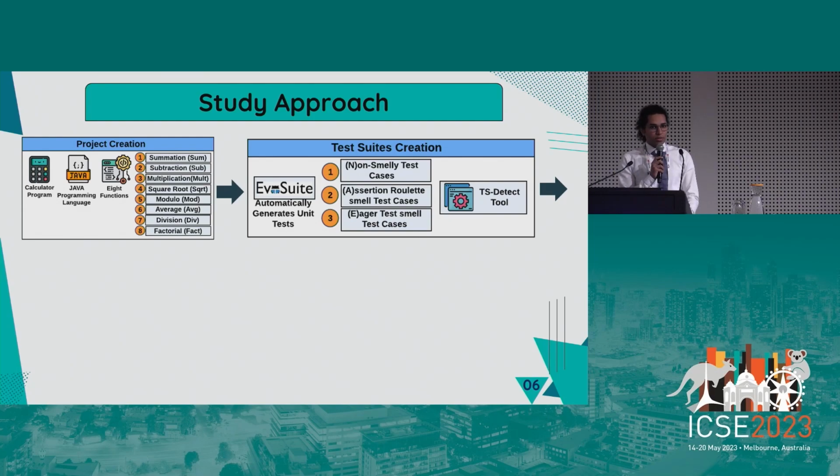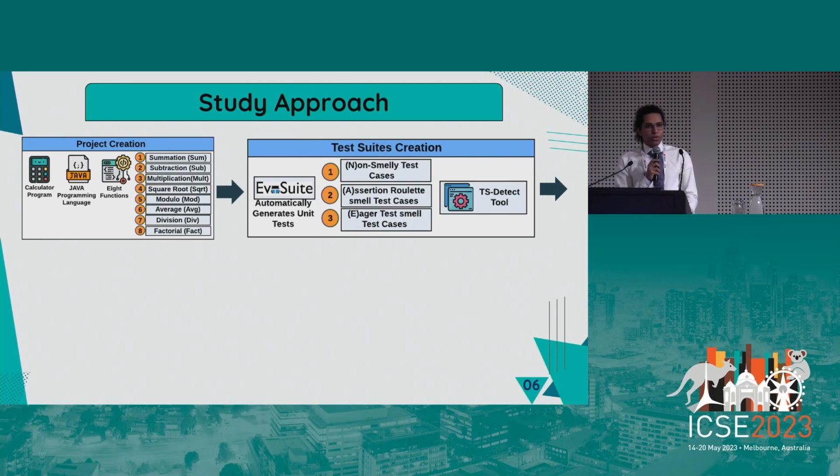All these functions are quite simple and everyone knows them, even first-year computer science students. Some of the functions are subtraction, multiplication, average, and so on.